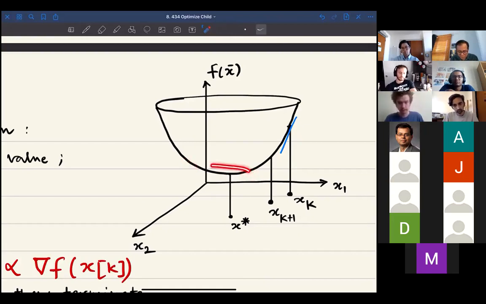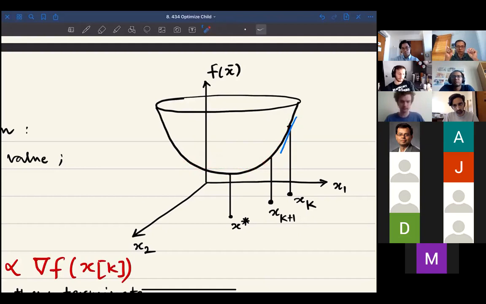So when you go from here to here, here you get multiplied with a larger value of the gradient. So you go here. Here you get multiplied by an even larger value of the gradient, because the gradient is increasing as you go along this direction. Right?